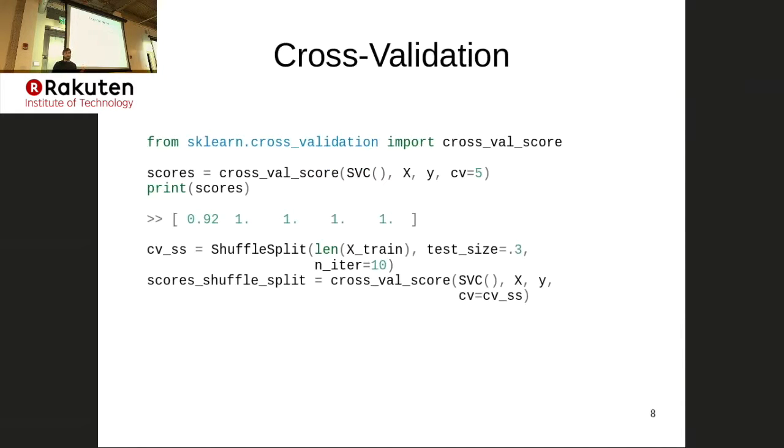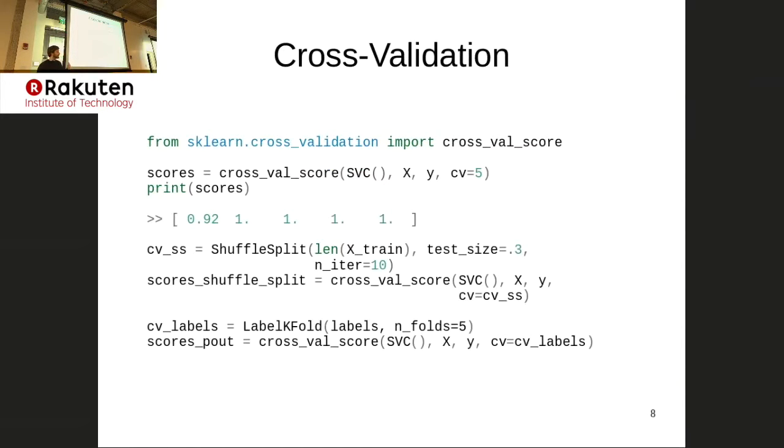Shuffle split, for example, just shuffles the data, splits it randomly, and you can control how much of the data will be in a test set, how much will be in a training set, and how many repetitions you would want to do. This, for example, allows you to do very many repetitions, or it allows you to do only one repetition and do a single split, or if you want to subsample your data, use 50% for testing, but only 10% for training, you can do it with this.